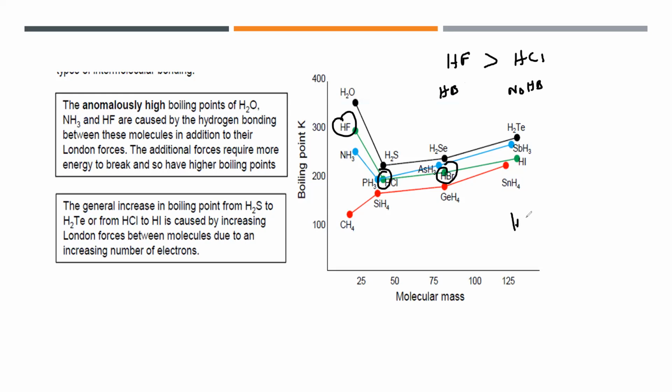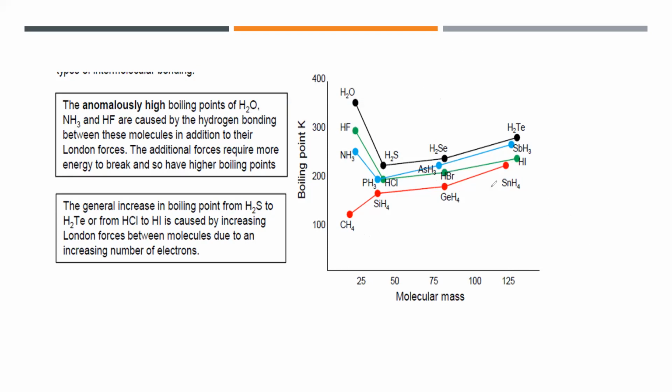But why is HCl less than HBr? Even though they will have dipole-dipole force, the London forces in HCl are weaker as compared to the London forces in HBr, as it is having more electrons. That's why the HBr boiling temperature is higher, and then followed by hydrogen iodide.